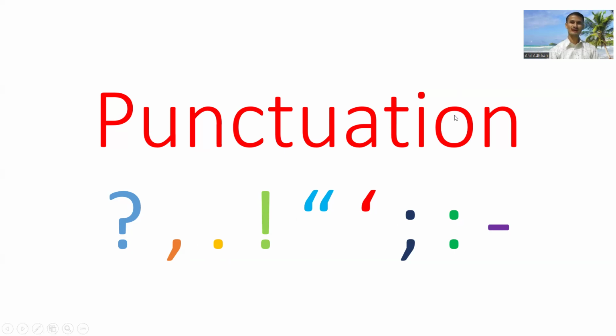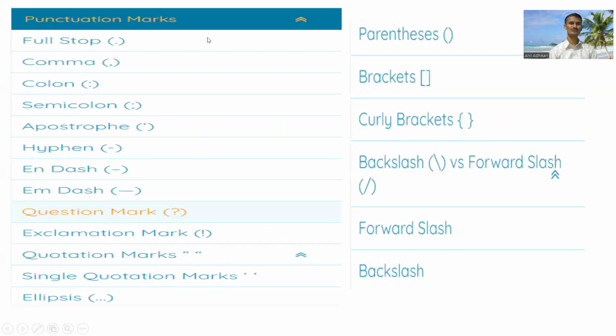Okay. Now you can see here the punctuation mark symbols. What is this called? Full stop. I already told you. This is comma. This is semicolon. This is colon. Apostrophe, hyphen, n dash, and that is called m dash. This is question mark.